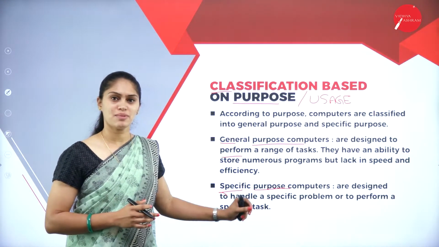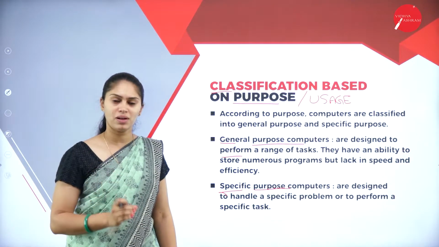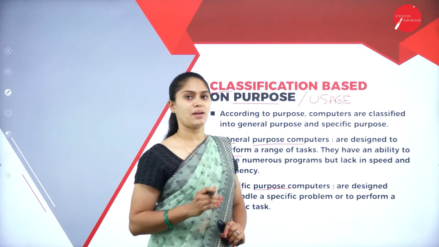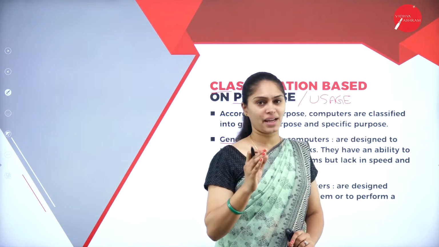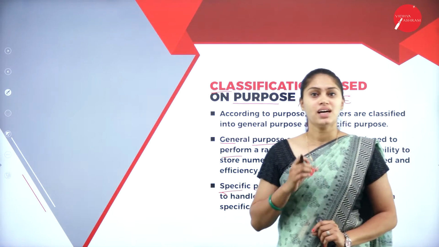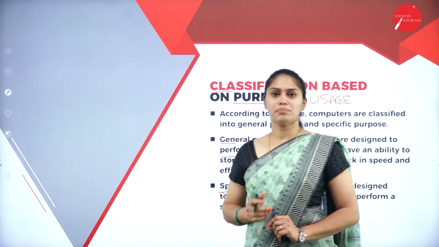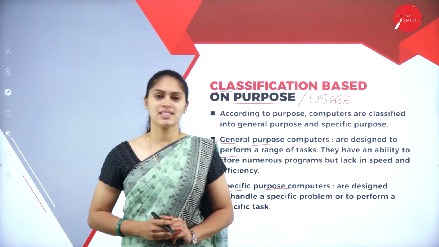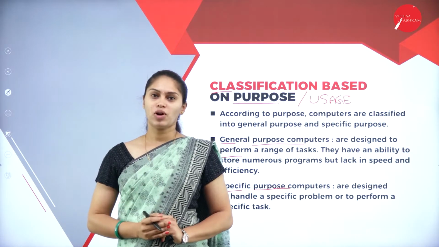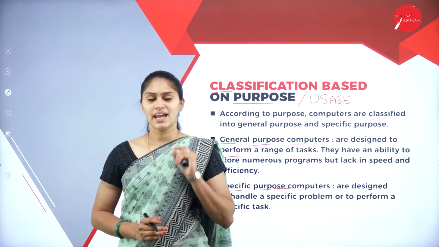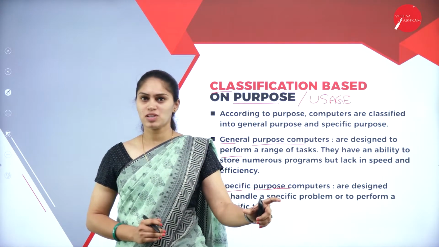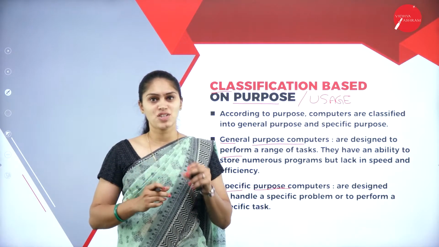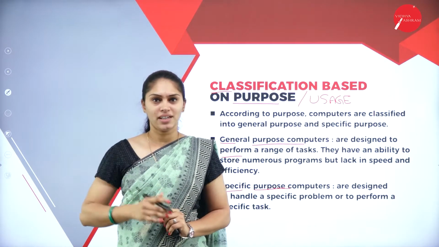When it comes to specific purpose or special purpose, these types of computers are mainly designed to work with a specific type of task. You can take the example of a blood pressure monitoring system. They have designed it only for that purpose. Can I measure the temperature by making use of that BP monitoring machine?